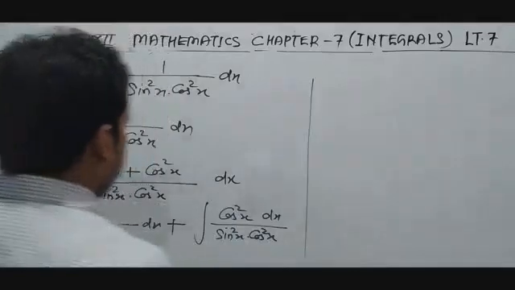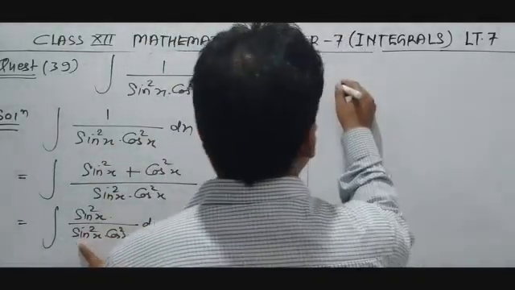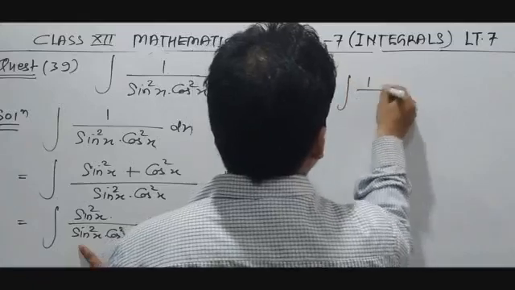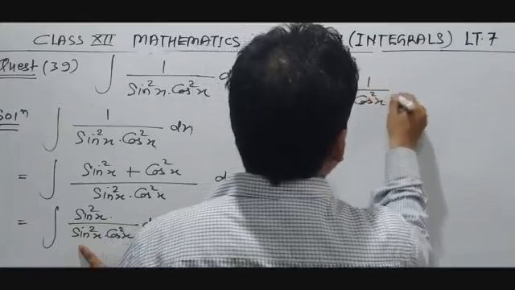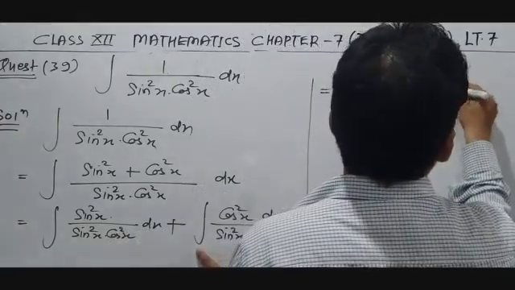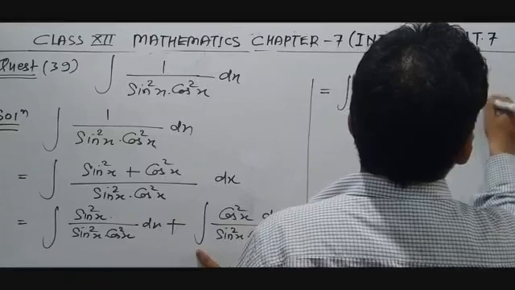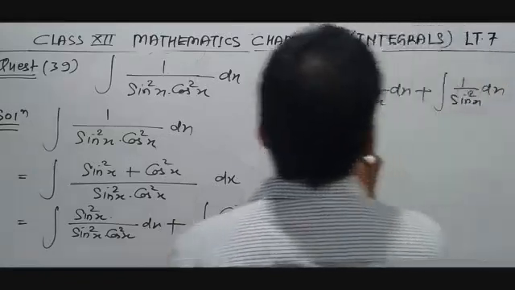Now sine square x will cancel out. The first integral part will be 1 upon cos square x dx, and the second integral part will be 1 upon sine square x dx.